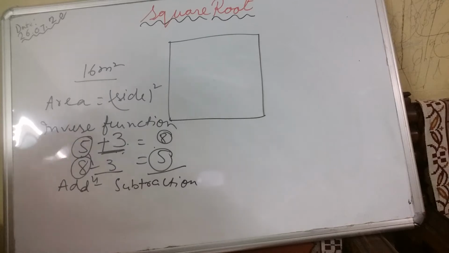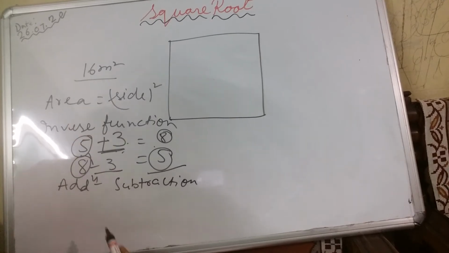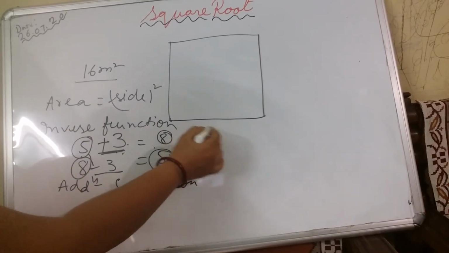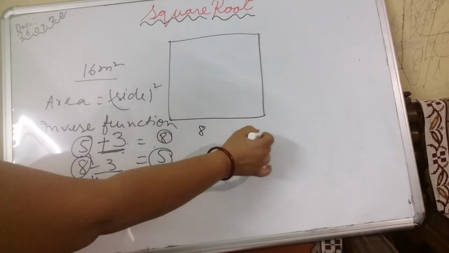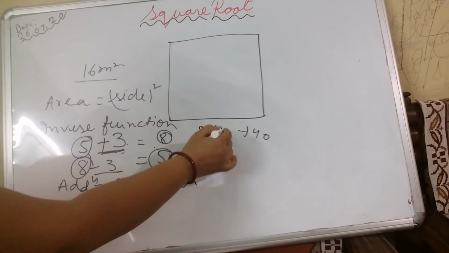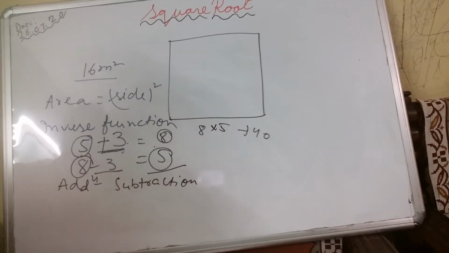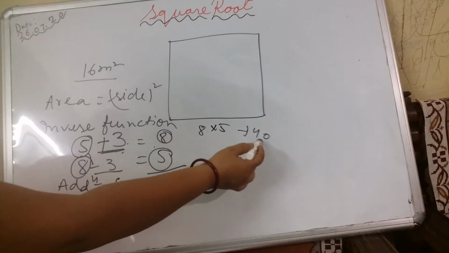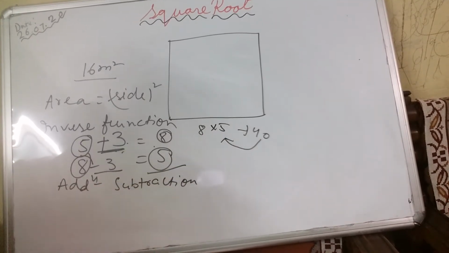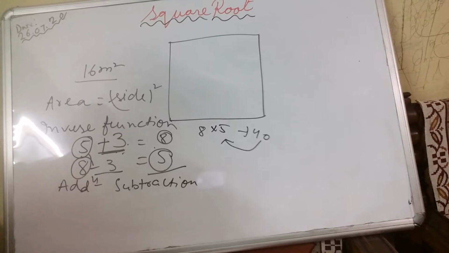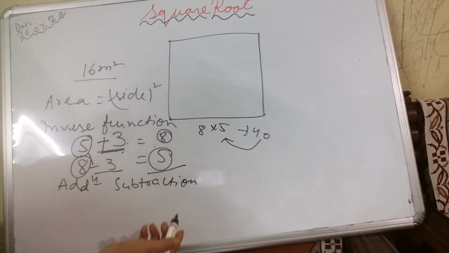Same way, if I ask you to make 8 into 40, what will you do? You will multiply by 5. 8 into 5, 8 5s are 40. And in the reverse way, if I ask you to turn 40 into 8, what will you do?